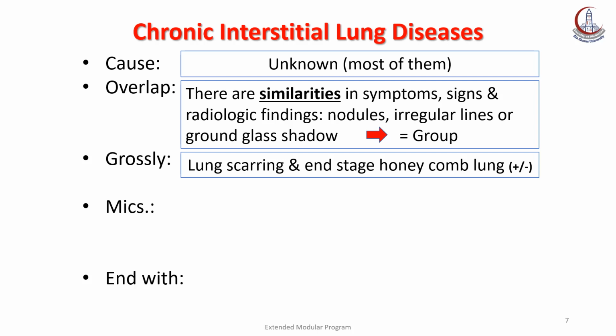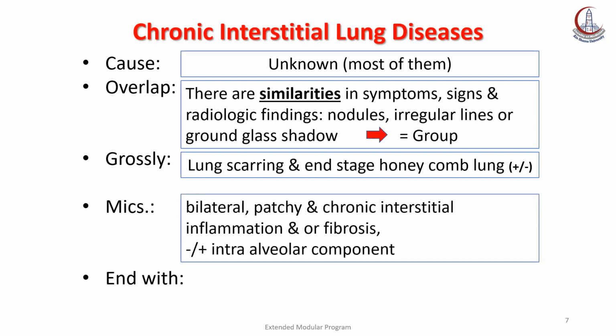Grossly, lung scarring and end-stage honeycombing of the lung may be present in some cases and not in others. It's not specific for that type of lesion. Microscopically, usually the lesion affects both lungs bilaterally in a patchy manner, with chronic interstitial inflammatory infiltrate and fibrosis, plus or minus an intra-alveolar component like intra-alveolar fibrosis and nodularity.